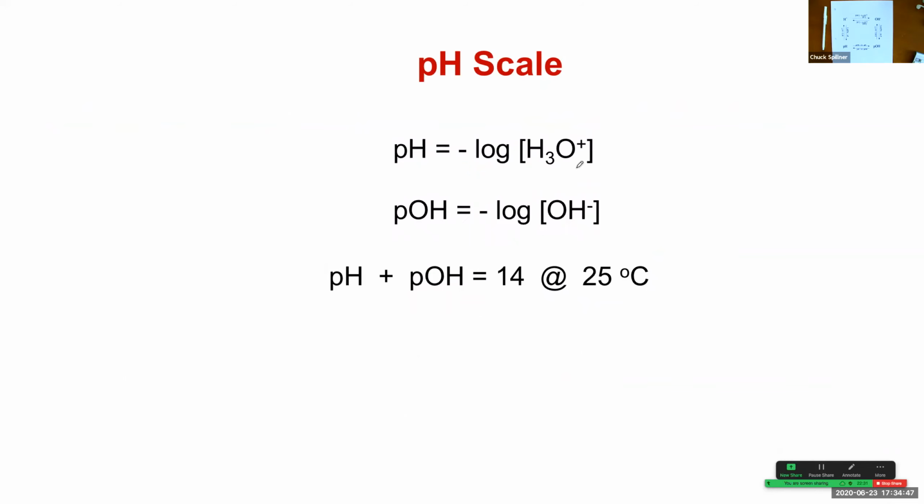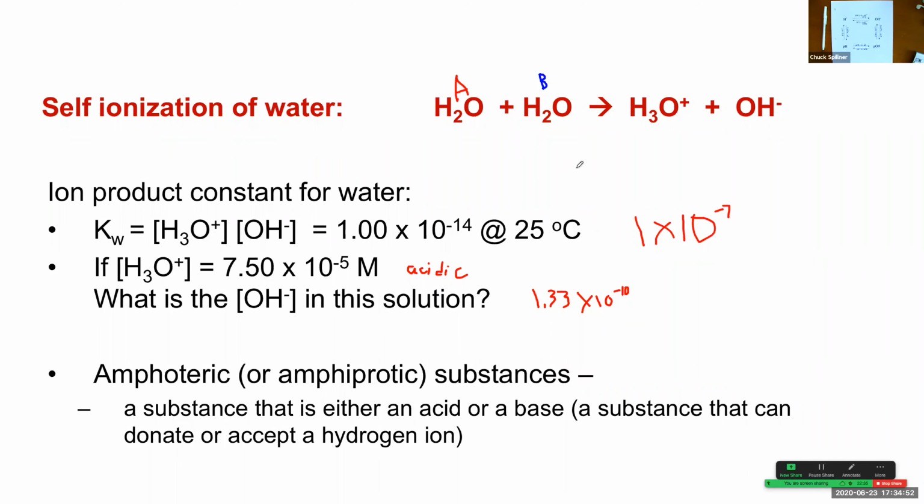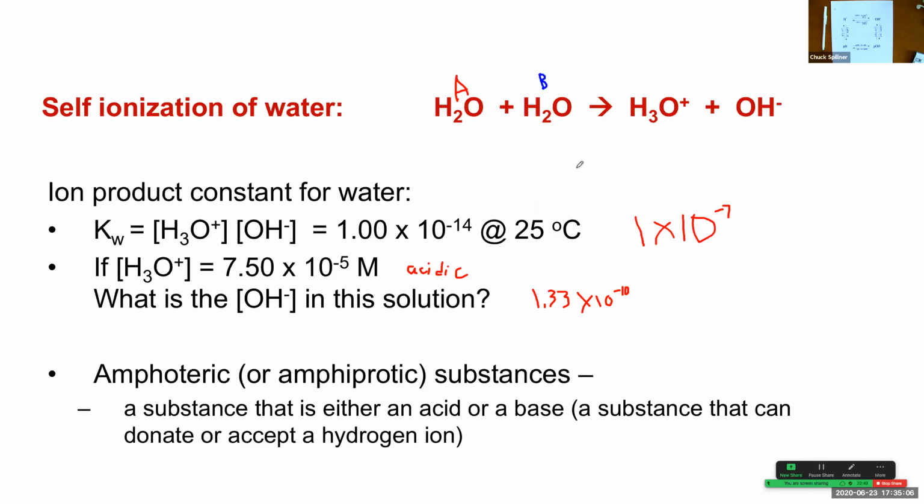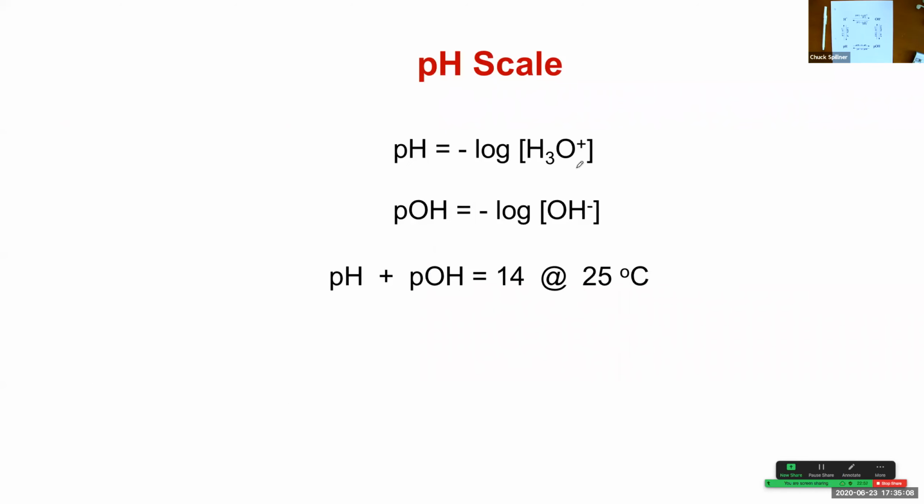All right, next. So those numbers that we just looked at, let's go back up here: 1 times 10 to the minus 14th, 7.5 times 10 to the minus 5th. It's a little awkward, takes a little time to write those. So chemists have invented a scale called the pH scale, which takes these numbers, which are pretty small, and takes the log of them, which transforms them into numbers, for acids and bases, roughly between 0 and 14. So these are whole numbers.